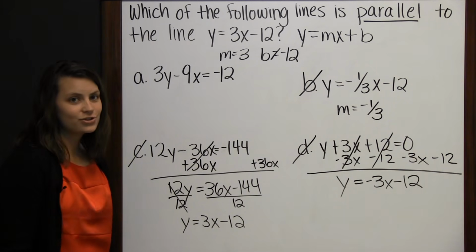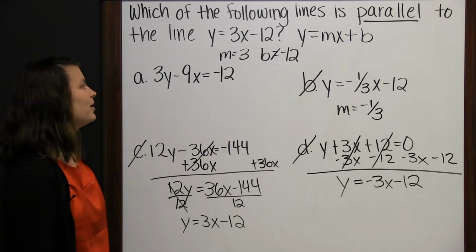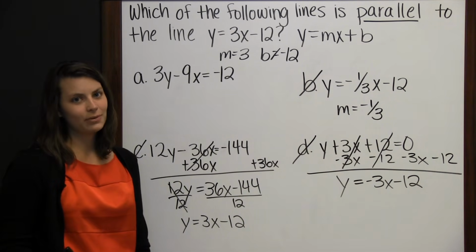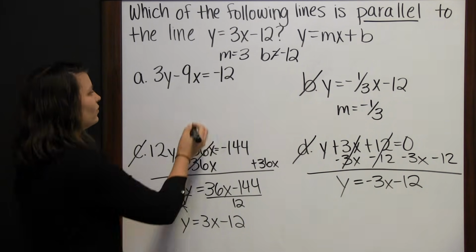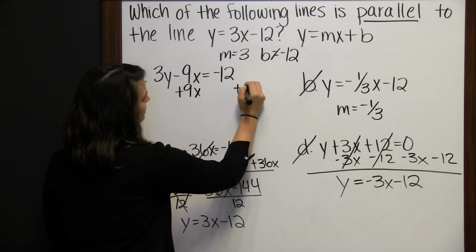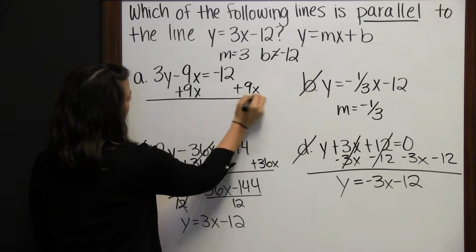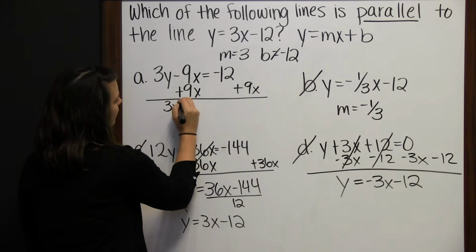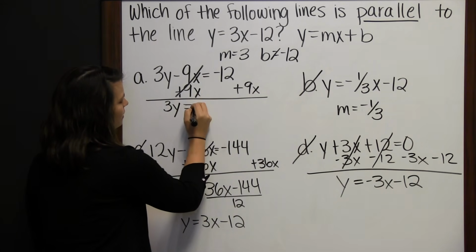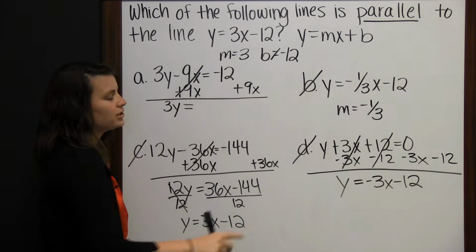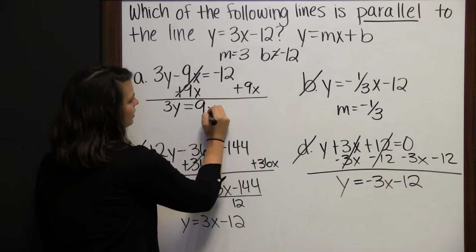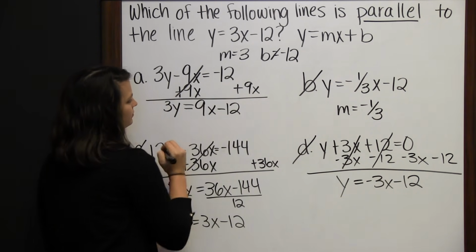Well, we're down to our last choice, so hopefully A is going to be parallel. Again, it's not in slope-intercept form, so we have to transform. We need to solve for y by first adding 9x to both sides. So we have 3y, -9x plus 9x cancels, equals, these are not like terms, so we can't add them together. We just write them down, 9x minus 12.